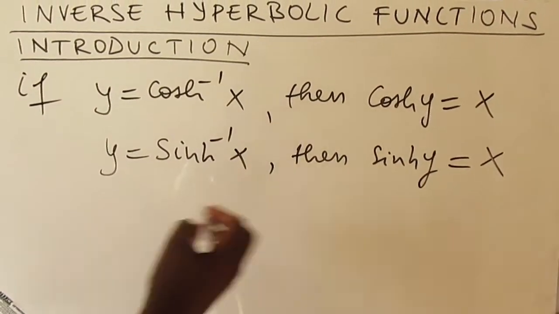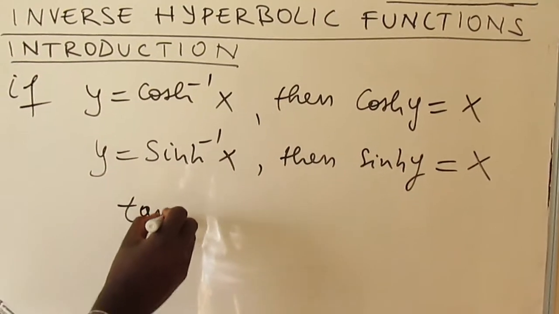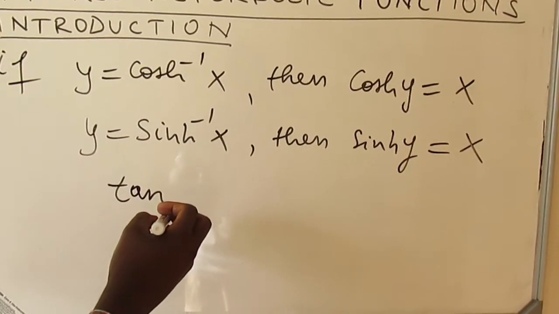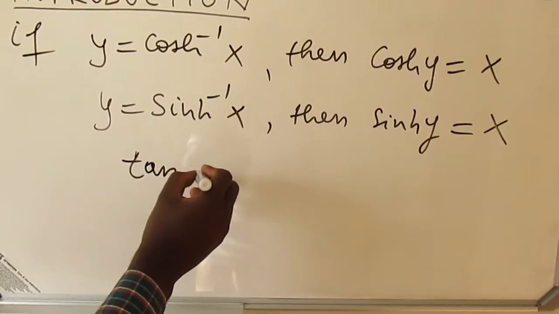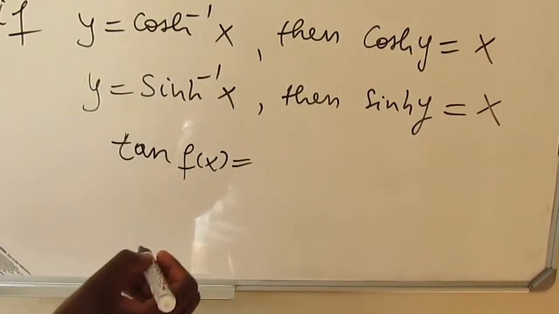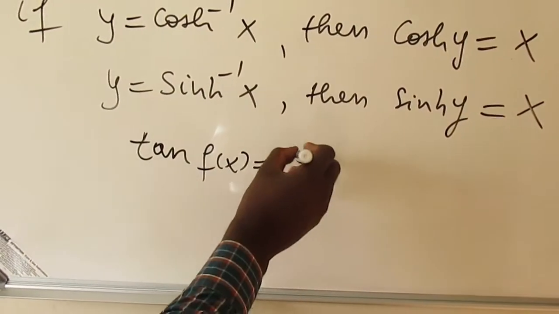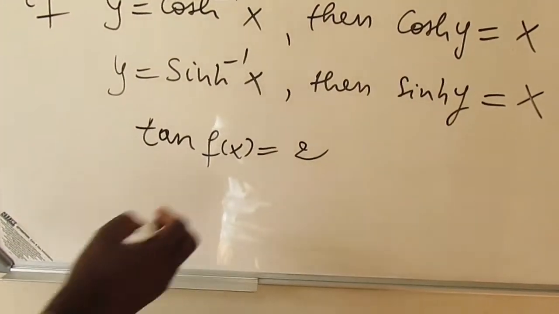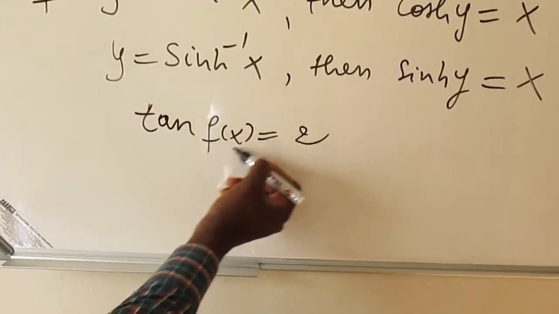Because sometimes you are given, let's say, tan of f of x equals 2, and they want you to find f of x.